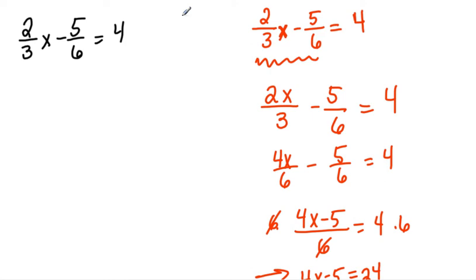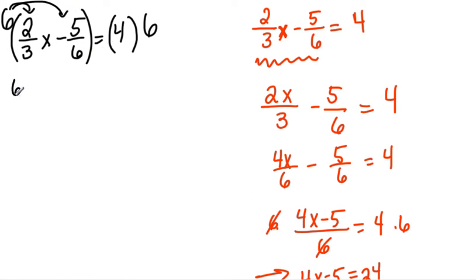By doing something to both sides. Multiply by 6. Why? It's the least common denominator. If I multiply this side by 6 and this side by 6, what do I have to do with that 6?